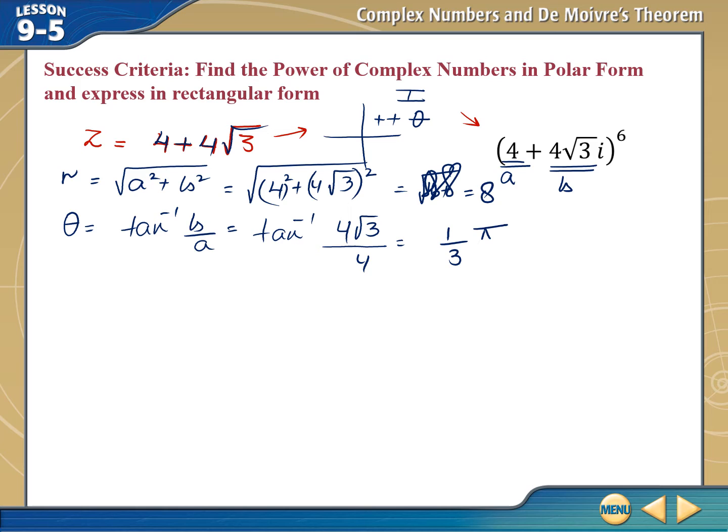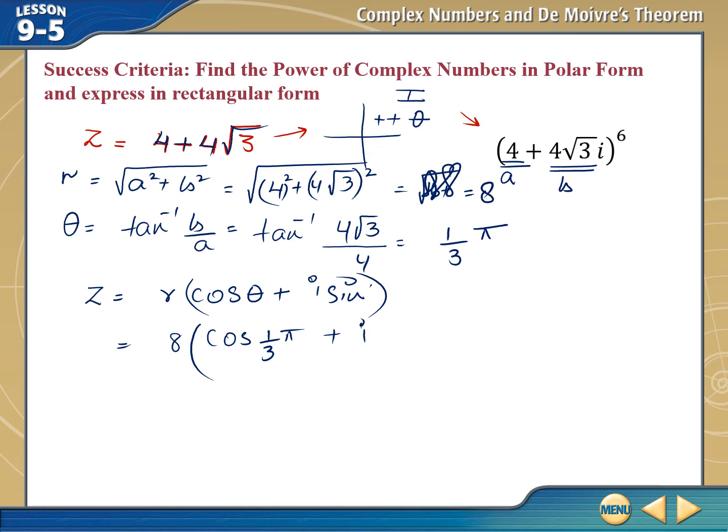Now write down that z equals r (cos theta plus iota sine theta). Now here what is our r? Our r is 8. Cos theta means cos 1 over 3 pi, plus iota sine theta means sine 1 over 3 pi. We replace our r and theta over here.